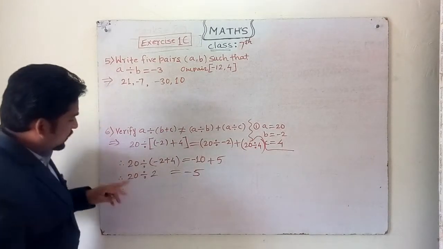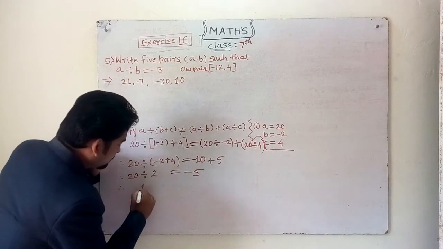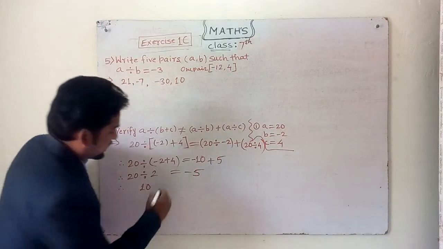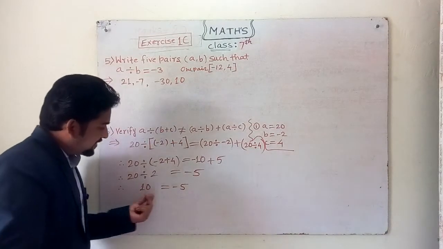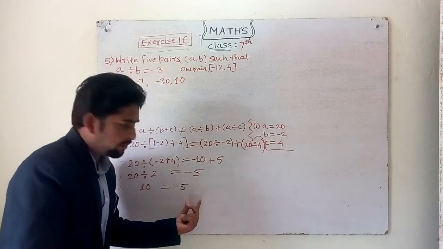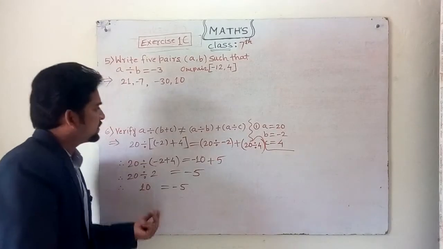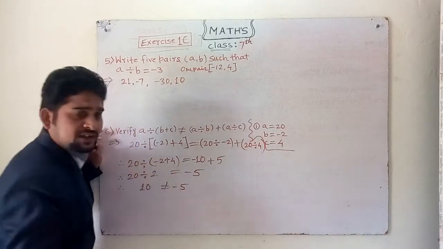Now therefore 20 divided by 2, in 2's table 20 is coming, 2 10s are 20, so 10 is equal to -5. Did you get 10 equal to 10? No. Otherwise, is -5 equal to -5 here? No.